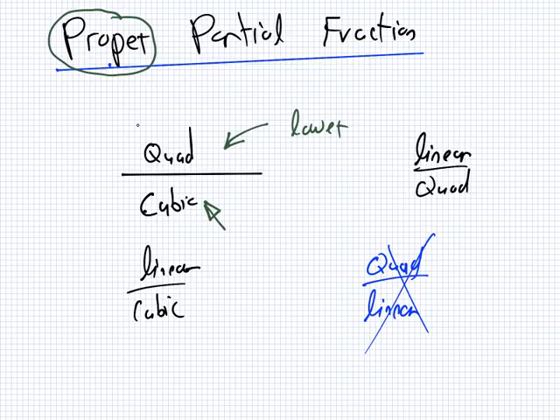Okay, so firstly, proper means the top is a lower power than the bottom. We're good with that? Okay. So, some basic rules. Usually, what happens is you can factorize the bottom. For example, if it's a quadratic, how many factors? 2.